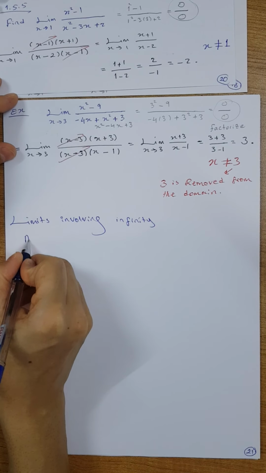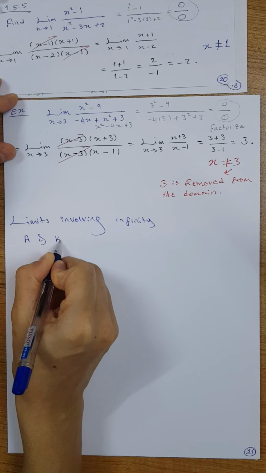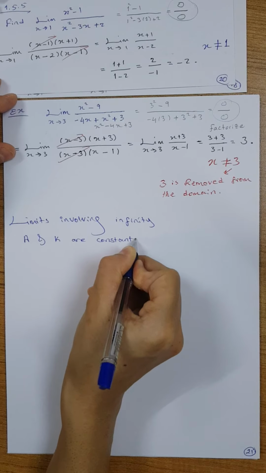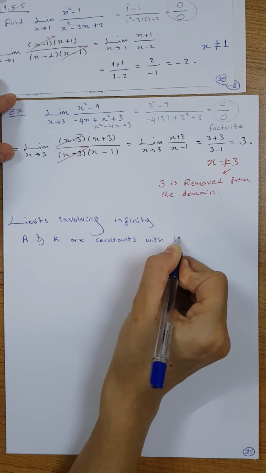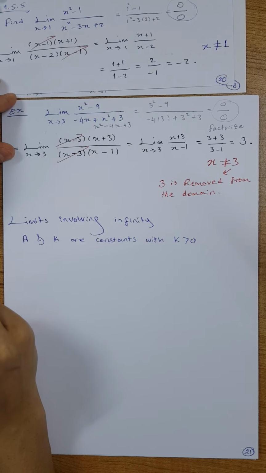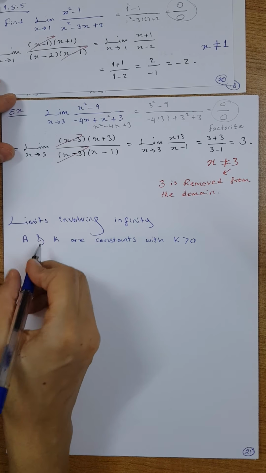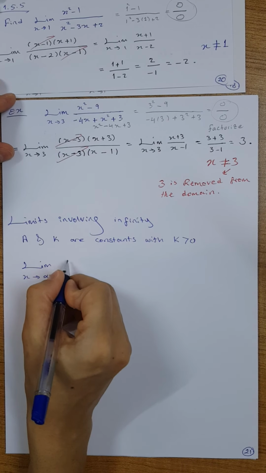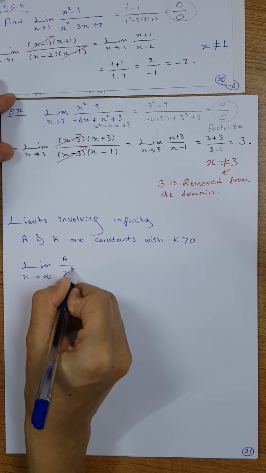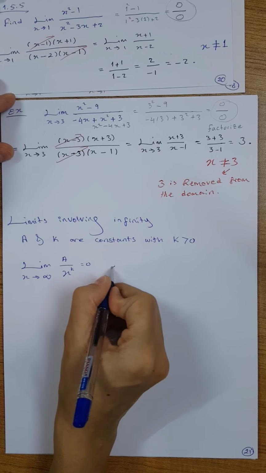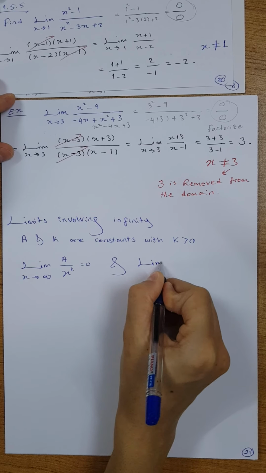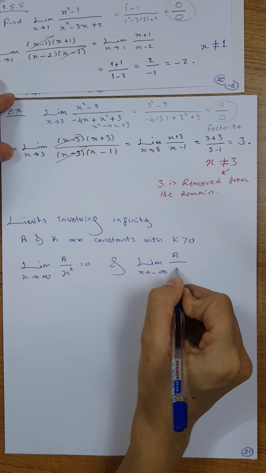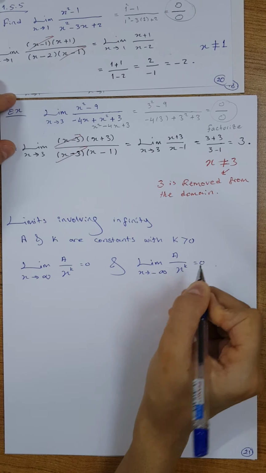If a and k are constants, that means numbers, with k greater than 0, that means k is a positive number, then the limit as x approaches infinity of a over x to the power of k is equal to 0. And also we can write it both together, but here it is separated. The limit as x approaches negative infinity of a over x to the power of k is equal to 0.